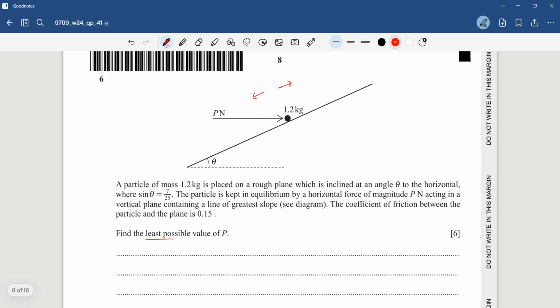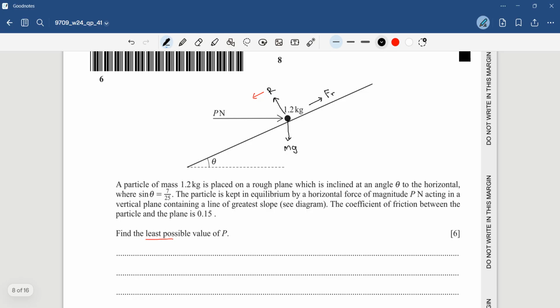Therefore, we assume the object is about to go down, because this is the minimum force that you put in. So now, when the object is about to go down, this is the direction of motion. Therefore, my frictional force will go up. So this is my frictional force, and here will be your normal contact force R, and here will be your mg.